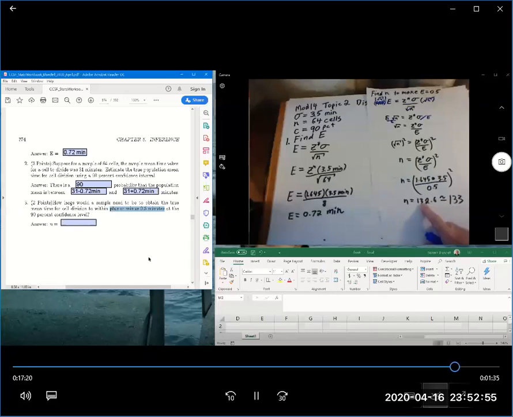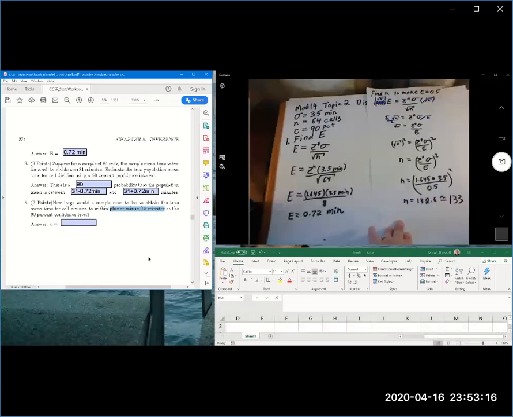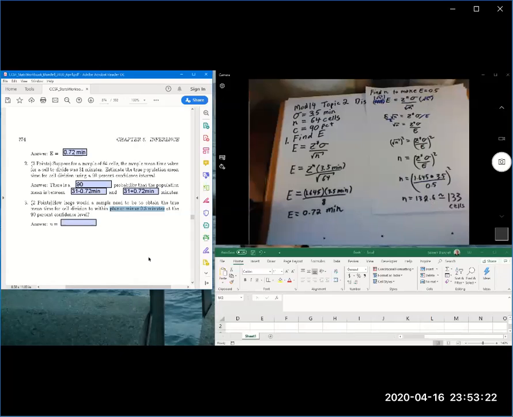And I get 132.6, but now n is the number of individuals, cells in this case, in your sample. It's going to have to be a whole number. So I can't stick with the 132.6. I need to round to a whole number. And the rule is you always round up. Even if that had been like a 0.4, you would still round up.